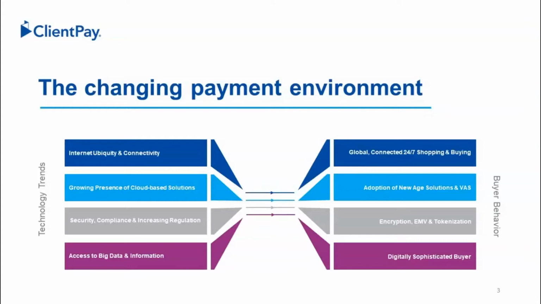And when those buyer behaviors change, the way buyers want to pay and expect to pay for those purchases change as well. When the internet first became widely adopted, everyone was buying, shopping 24/7. Location wasn't important. Suddenly everyone had access to a global marketplace right at their fingertips, on their mobile devices, from their home or office computer.